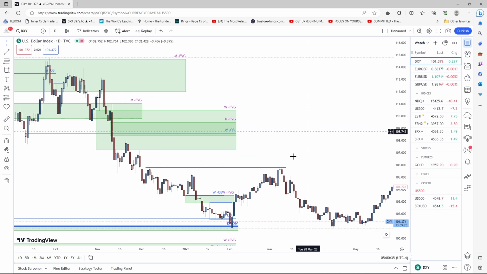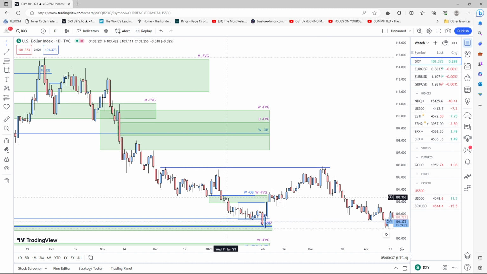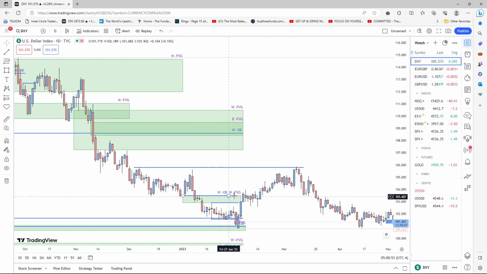So looking at this over here, we're looking at this specific level in here, which was a weekly fair value gap, and we also had the weekly order block up to this level over here. As you can see, we traded up to these levels, and is it not strange how price just hung around these levels for a couple of days, for at least a week?